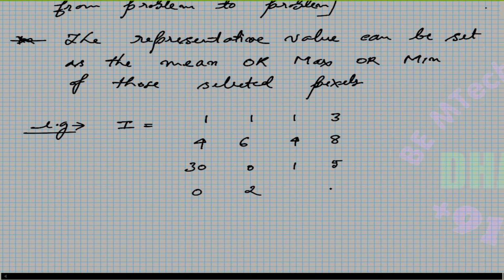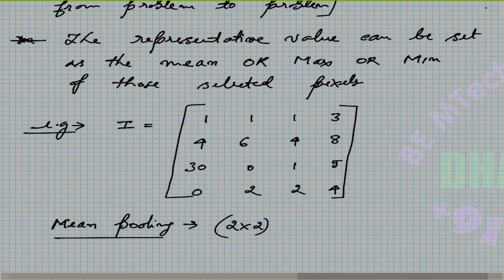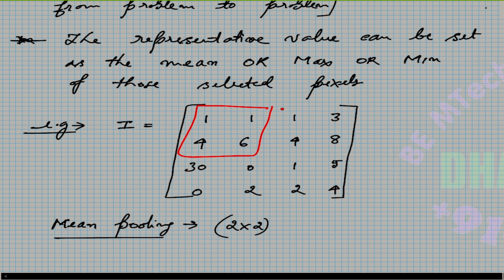Remember one point here, there is no question of overlapping. If I consider say 2 cross 2, each time I have to consider a 2 cross 2 sub-matrix from the image like this. I start from here. Next, whatever pixels are covered, it's over. You cannot consider the same pixel again. My next position has to be like this because there is no overlap.